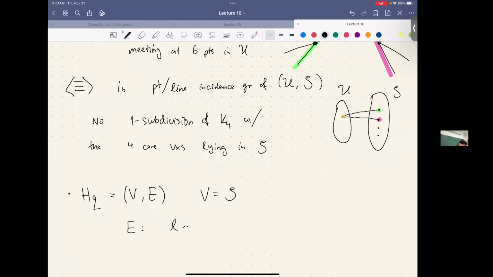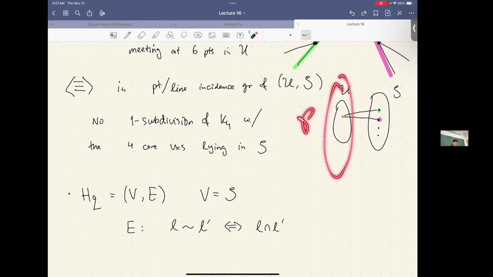So 2 lines L and L prime are adjacent if their unique intersection point lies in U. Remember, these 2 lines lie in the projective plane. They definitely have a unique intersection point, but this point could lie in P, somewhere outside of U. If these 2 secants' intersection lies in U, I put an edge. If their intersection is outside, I don't put an edge.